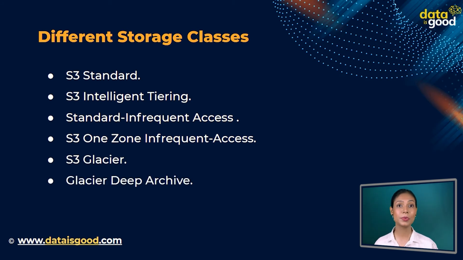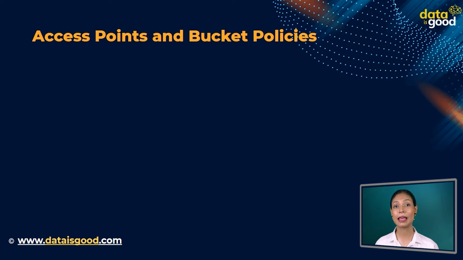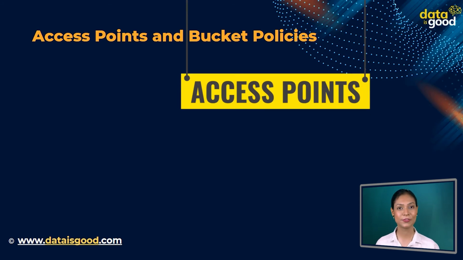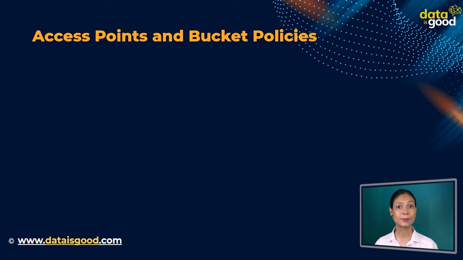It is important to understand what access points and bucket policies are. We will start with access points first. S3 access points, a feature of S3, make data access easier for any AWS service or customer application that uses S3.